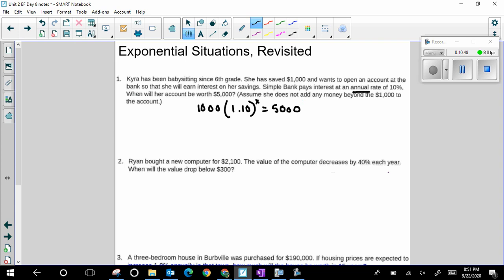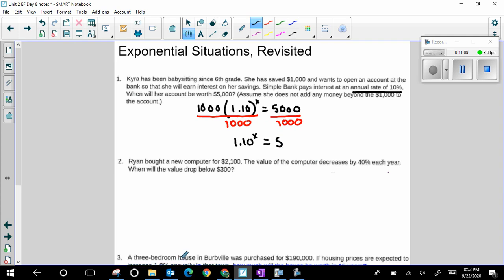Okay, so this is annual rate of interest, so we're not compounding any, we're just doing it once a year. So to solve this, we have to isolate that exponential part, so divide by 1,000. We're left with 1.10 to the power of x equals 5.